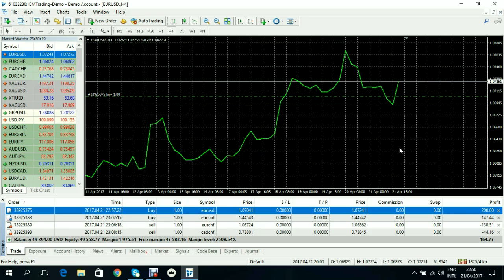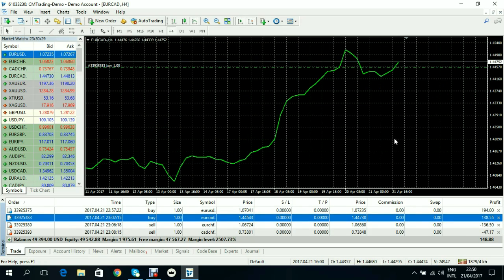So here you can see that the more, this is it, Euro USD, the more the price moves up, the profit also increases. Even here on Euro card, you can see that the more the price rises, the more the profit.